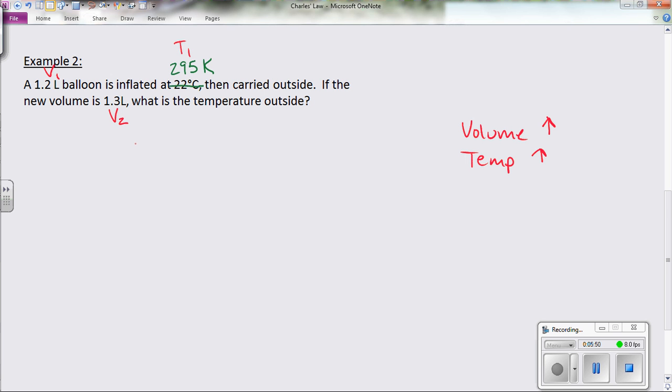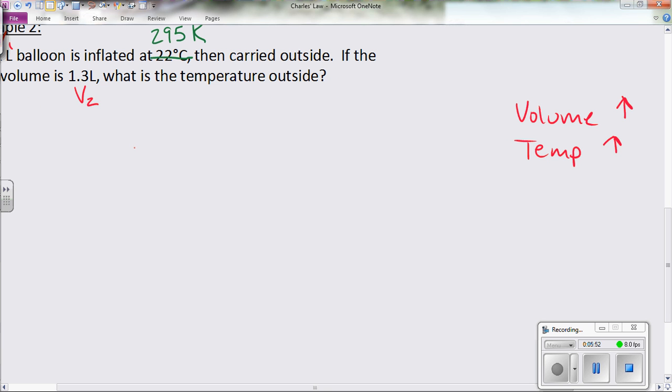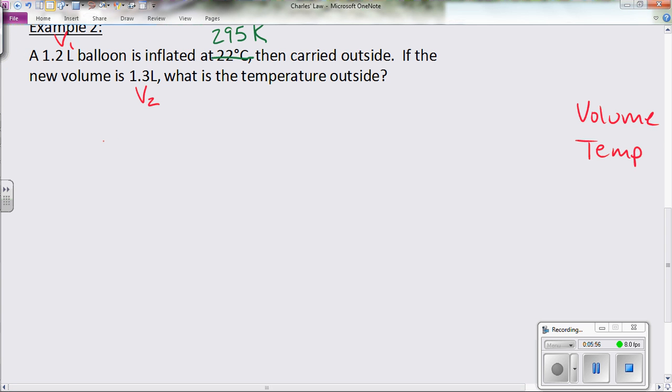All right, let's write our equation and fill in what we know. V1 over T1 equals V2 over T2. We know that V1 is 1.2, and we know that T1 is 295.